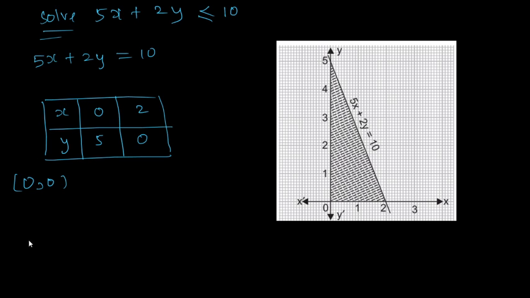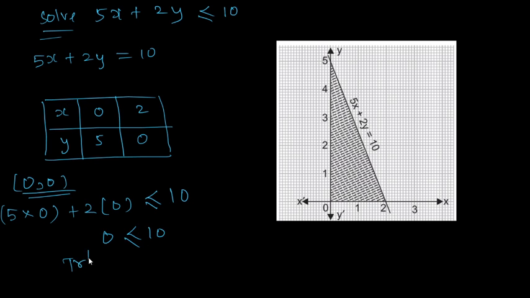So 5 into 0 plus 2 into 0, we are replacing x and y by 0, and both of them lead to 0. So 0 is less than or equal to 10.